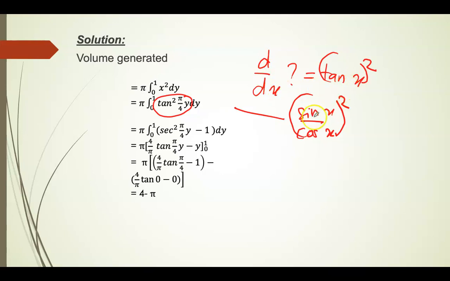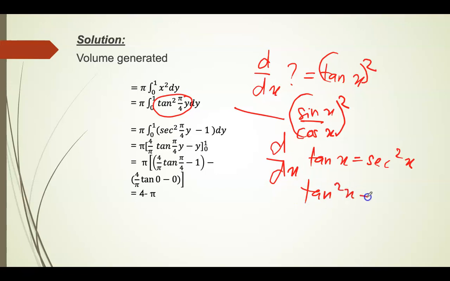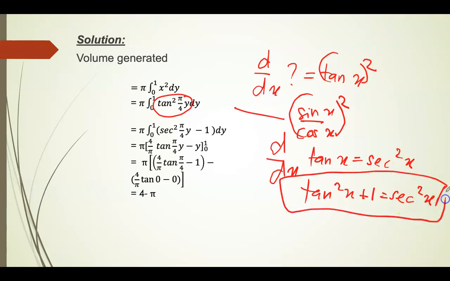So the second option would be to realize that if you differentiate d dx of tangent x, you would get secant squared x, and that tangent squared x plus 1 would equal secant squared x. This is one of the identities you have learned in trigo part 2. So we have tangent squared x, okay? We can definitely change it to be in terms of secant squared x using the identity.